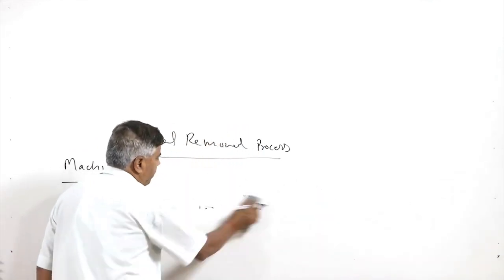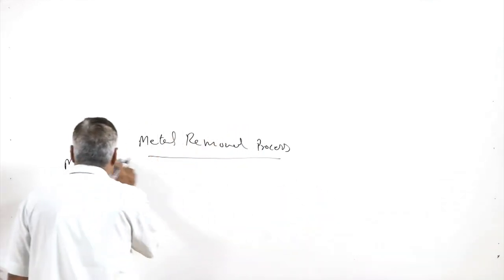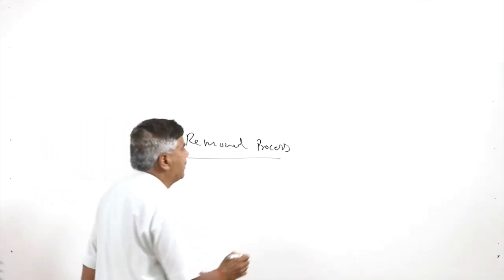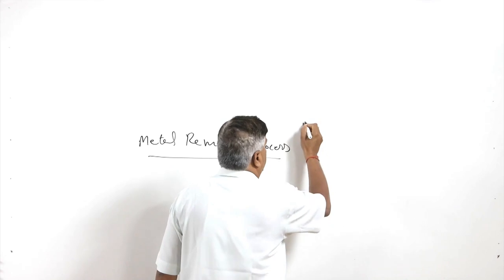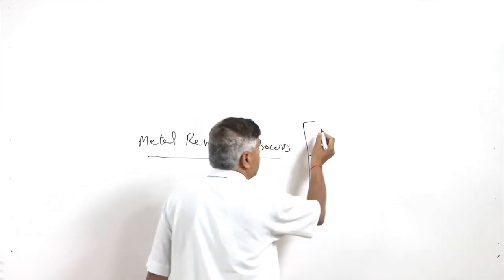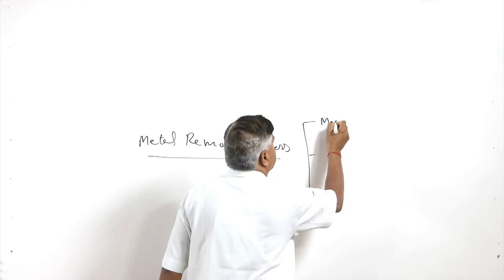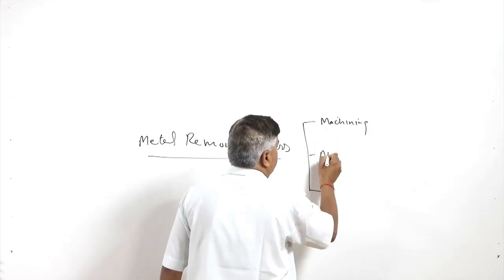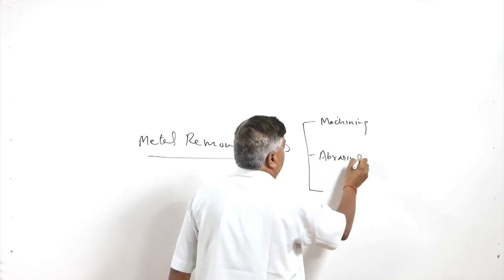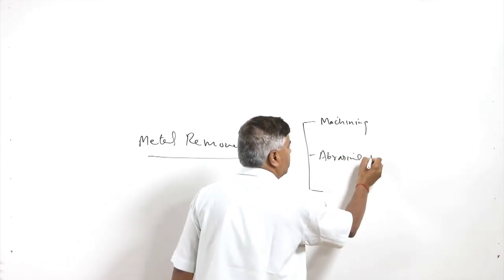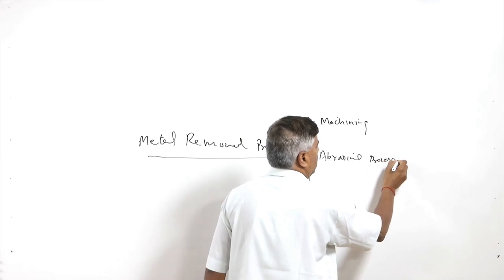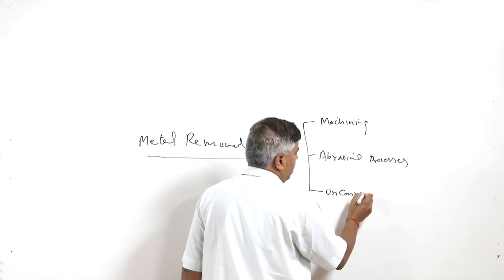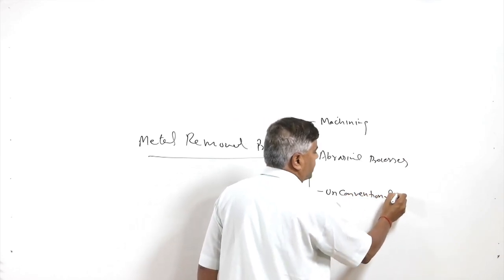So, under the family of material removal processes, there are three broad categories of processes. These are machining, abrasive processes, where abrasive material is used, and unconventional processes.